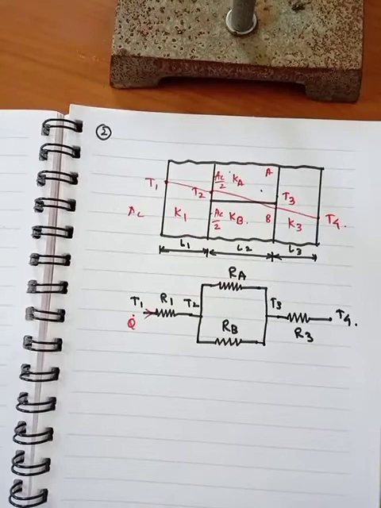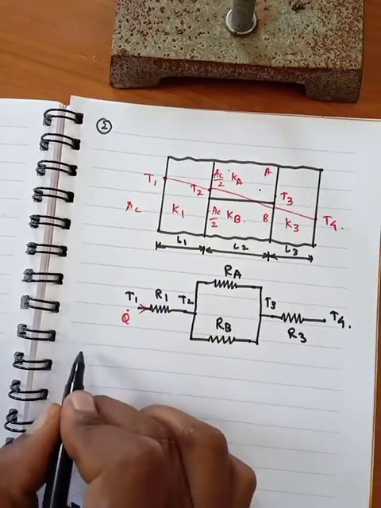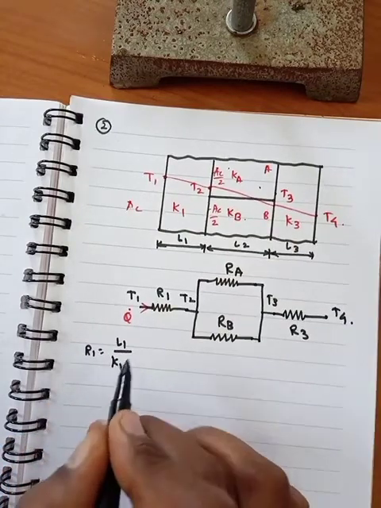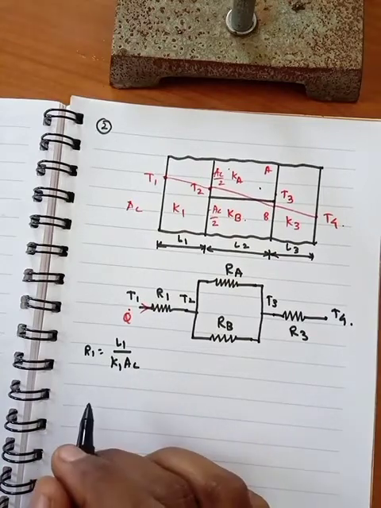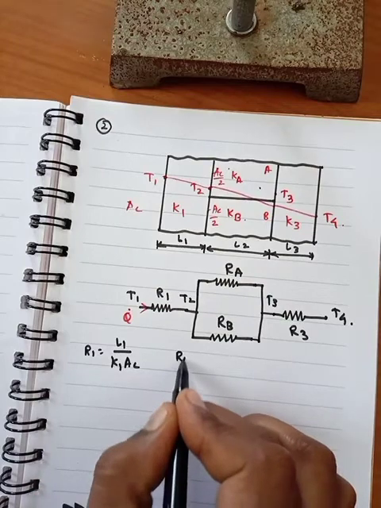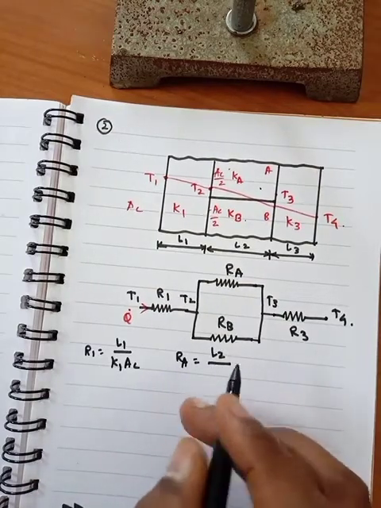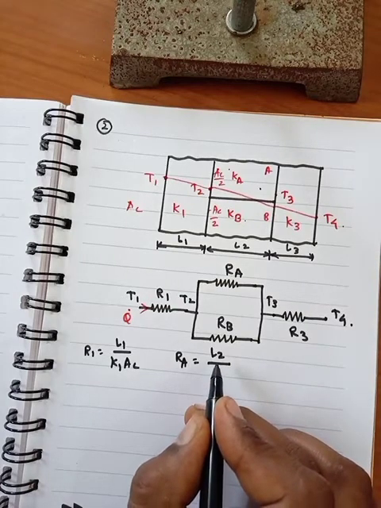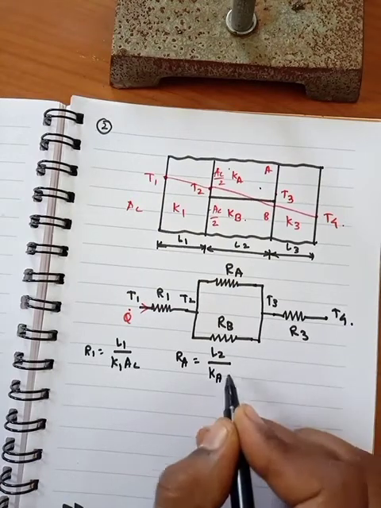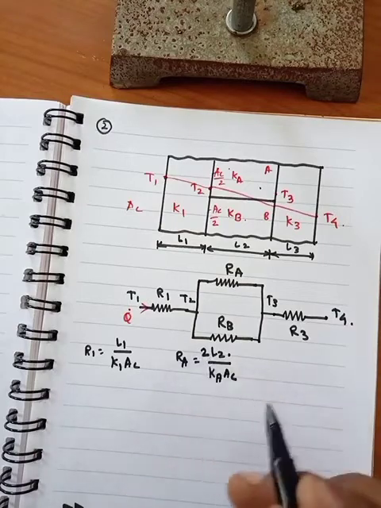Now similarly, R1 is equal to L1 divided by K1 into AC. Then RA is equal to L2 divided by KA into AC, but this is multiplied with 2.